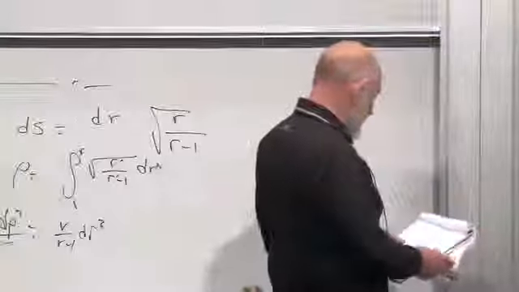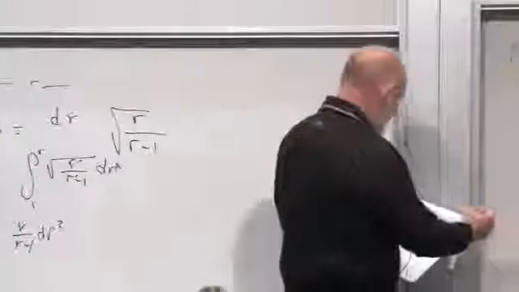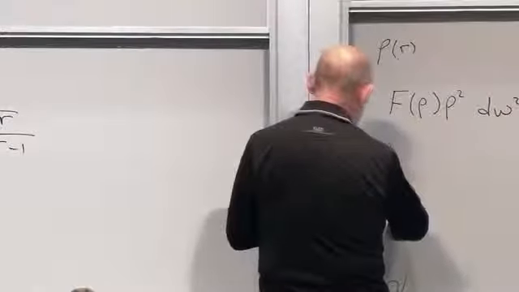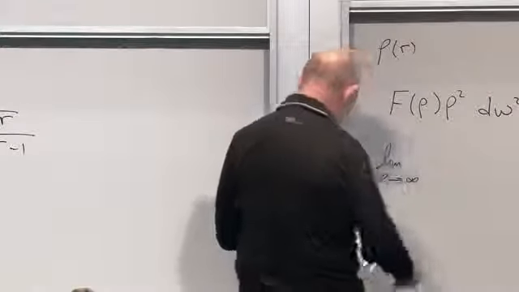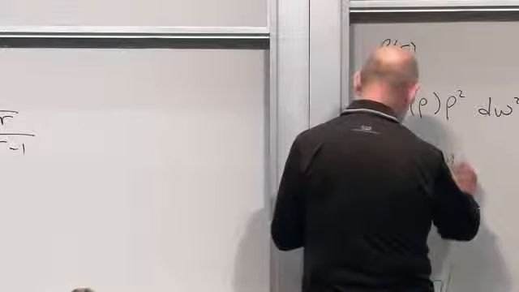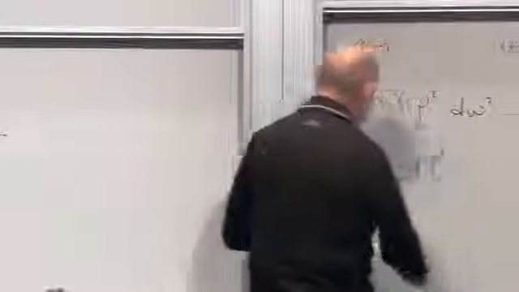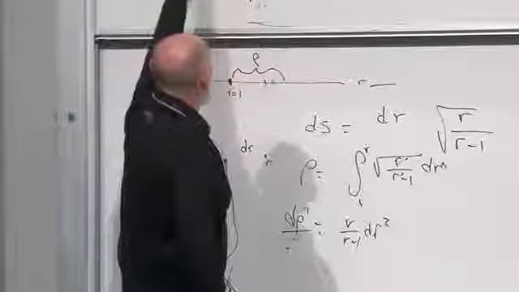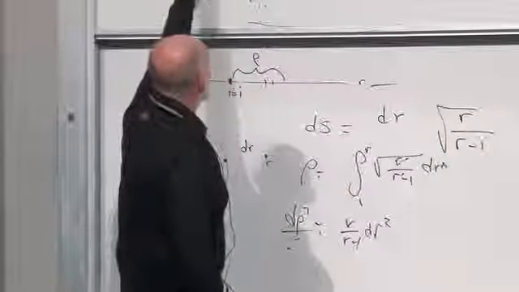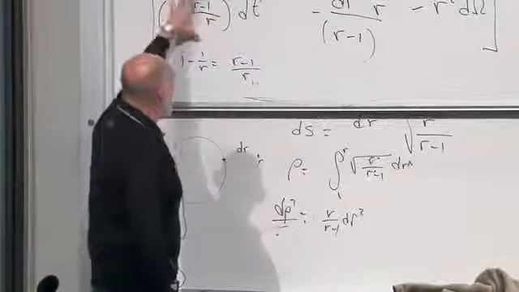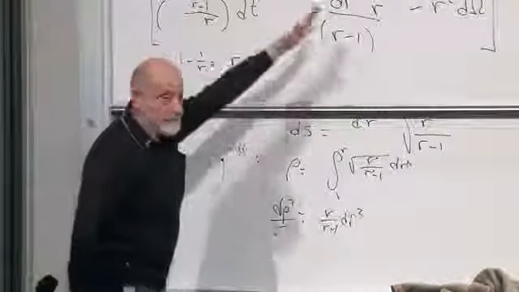You find a number of things. First of all, you find the limit as rho goes to infinity, large or far away, of f of rho times rho squared. Now what is that? That's basically just a coefficient function here, far away. What is the coefficient function far away? It's r minus 1 over r, which is just 1 far away.